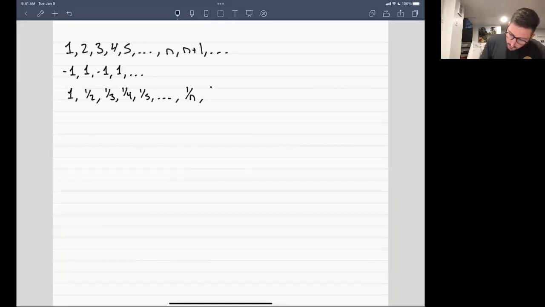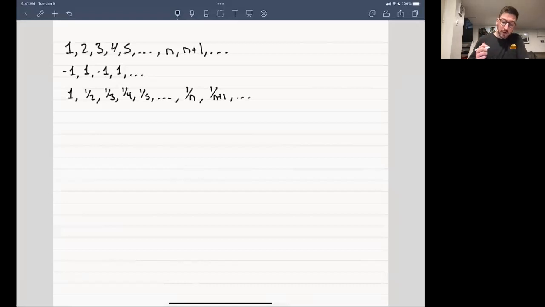And you just keep taking 1 over each natural number. Now, if you put that one into your calculator, you can see that something very interesting is happening that's not happening with the other two sequences. And that is that you're getting closer and closer to 0. This is what we're going to talk about when we discuss convergence.